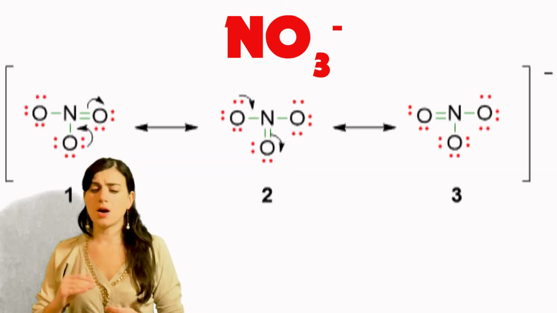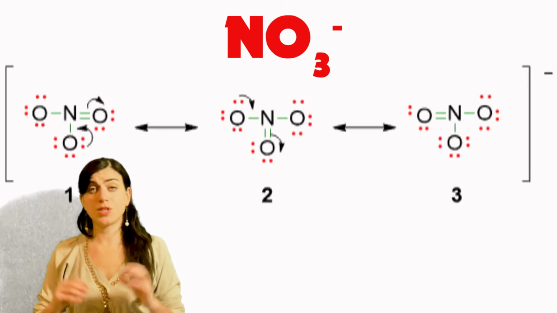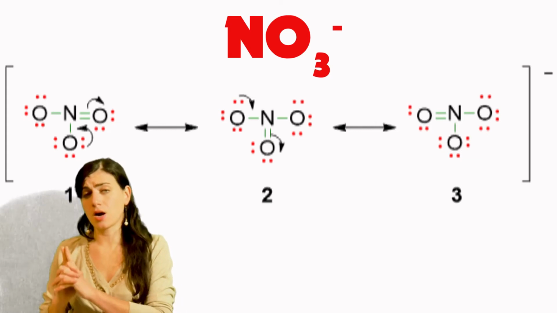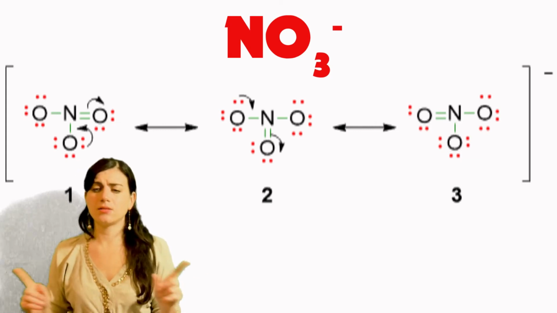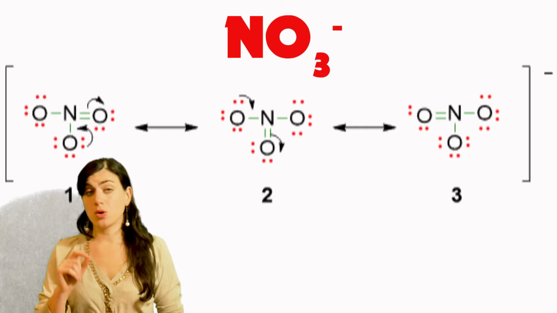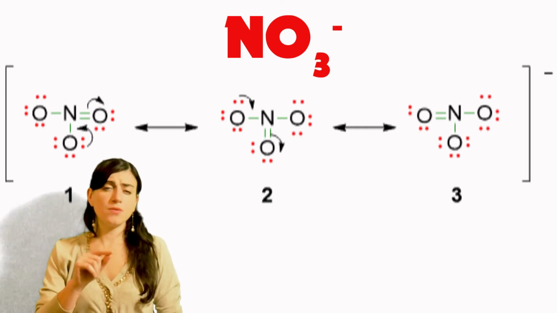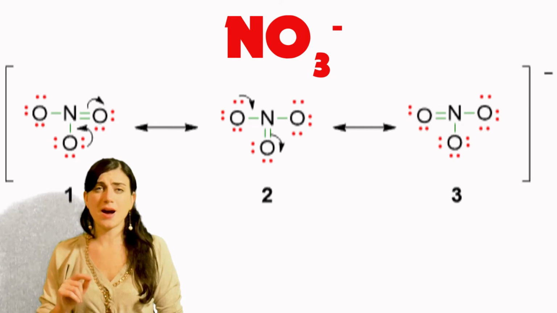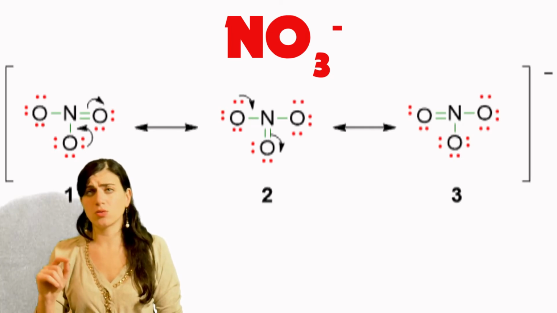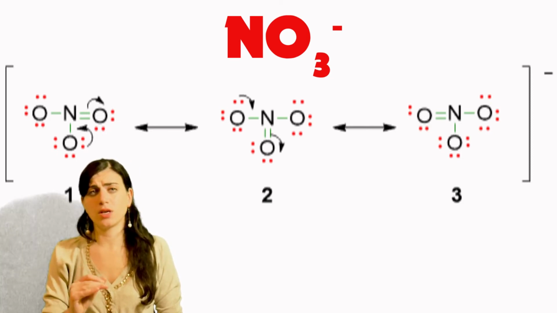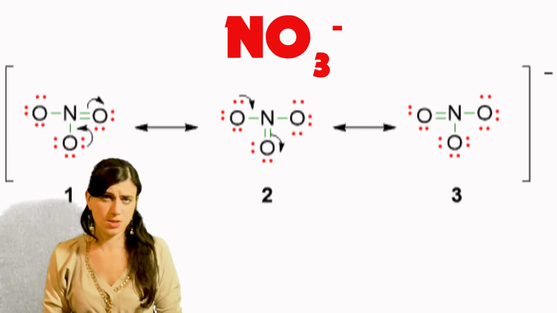In this case, an arrow with double tips will be used to indicate that these resonance structures are all valid and they are interchangeable, because the electrons which are involved in this double bond are delocalized on all the molecule, because they are actually involving all of these 3 oxygens.